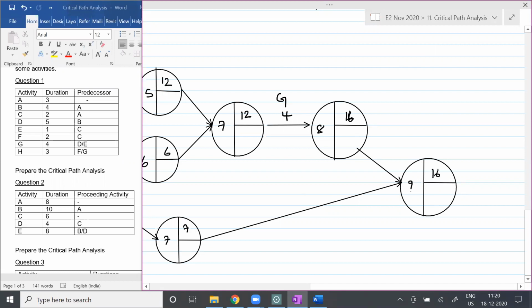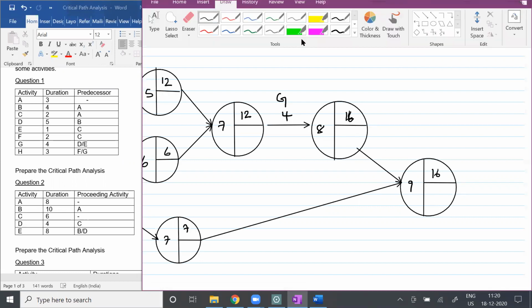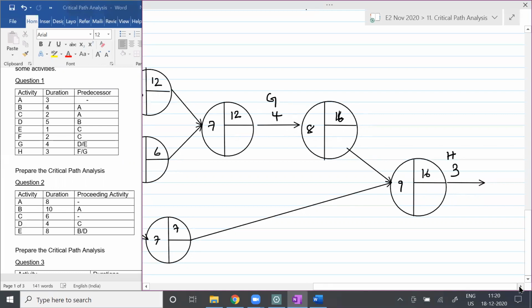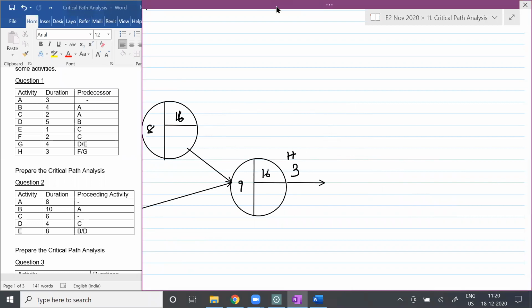So these two activities should be completed, which is the 9th activity. If those two are completed, activity H can be done. Activity H will take how many days? 3 days. Are you clear with that? Yes or no?